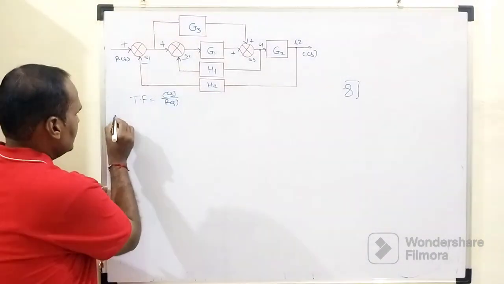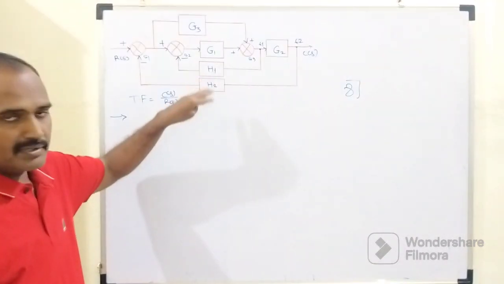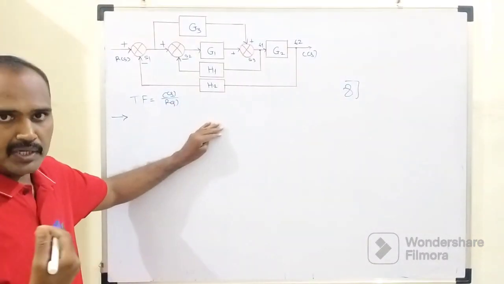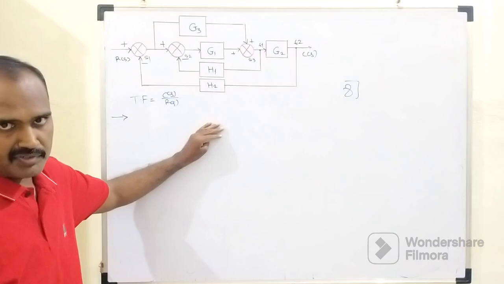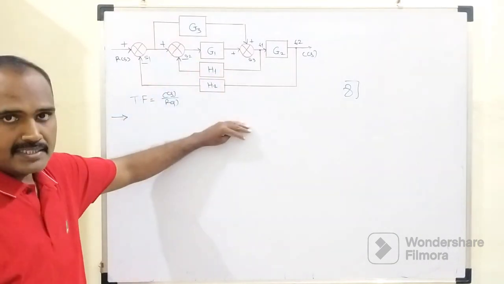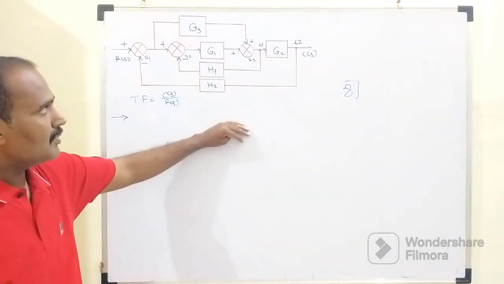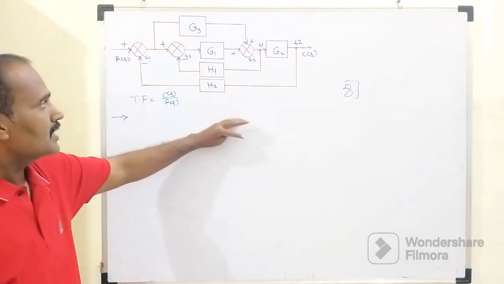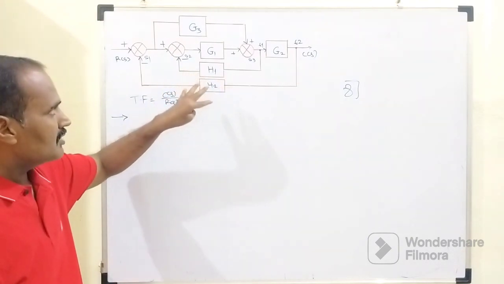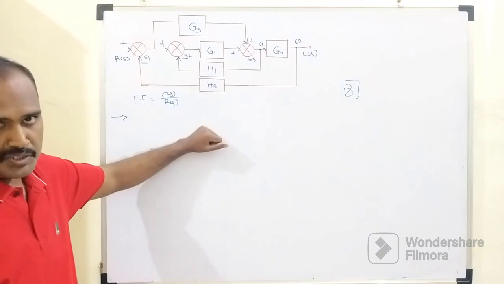In the first step, each time while solving this type of example, we need to recall which rule is applicable. We don't have any blocks connected in series form, or any blocks connected in shunt form, and directly it is not possible to eliminate these 2 feedback elements H1, H2.